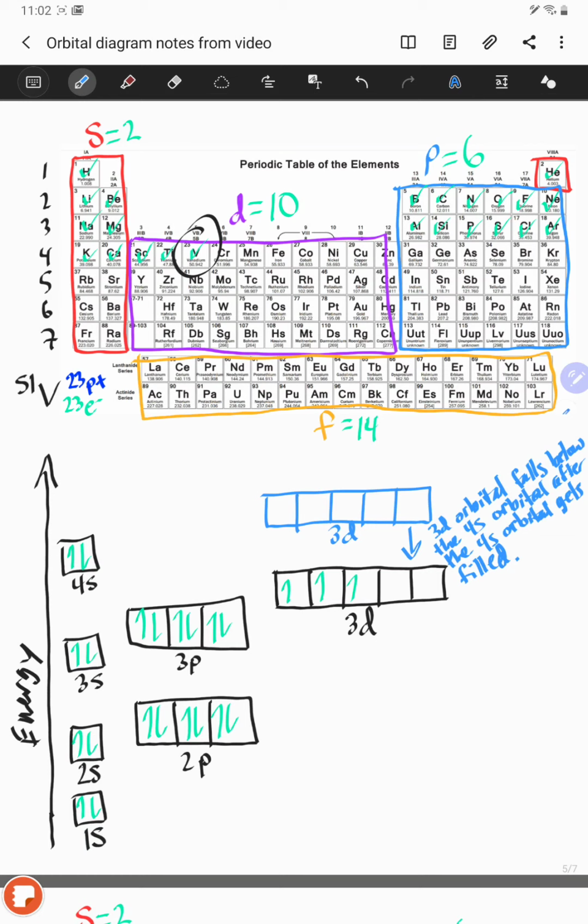So the 3d orbital falls below the 4s orbital after the 4s orbital gets filled, and then the 3d orbital starts filling up.